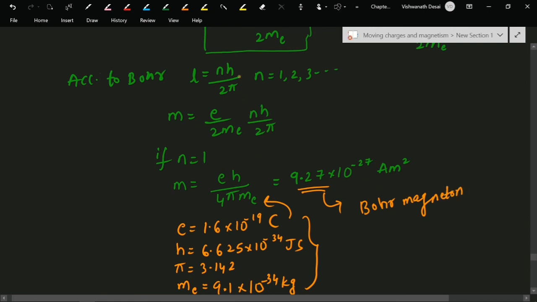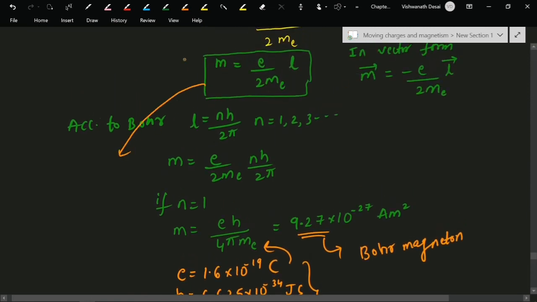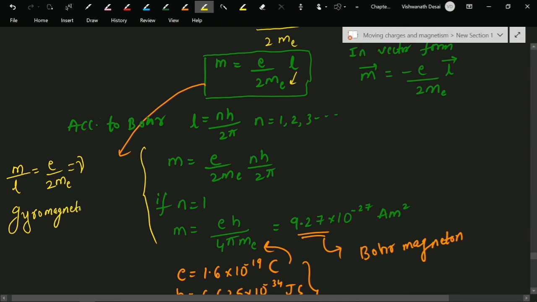And from this relation, I will bring this relation now. From this relation, you just transfer L to the other side. So m divided by l is equal to e divided by 2me. And this ratio, the magnetic moment to the angular momentum, is called the gyromagnetic ratio.